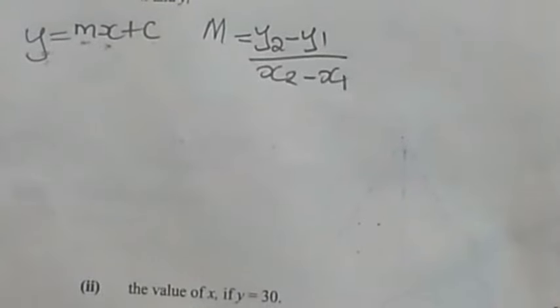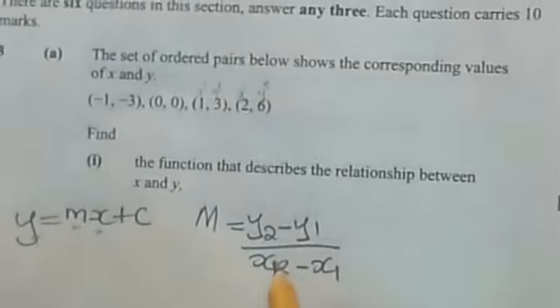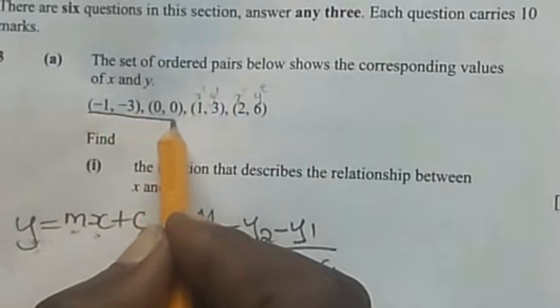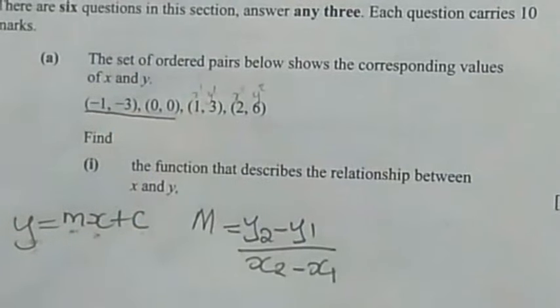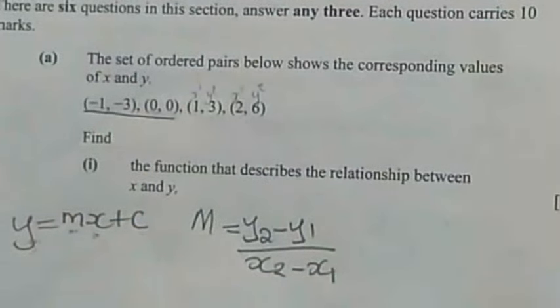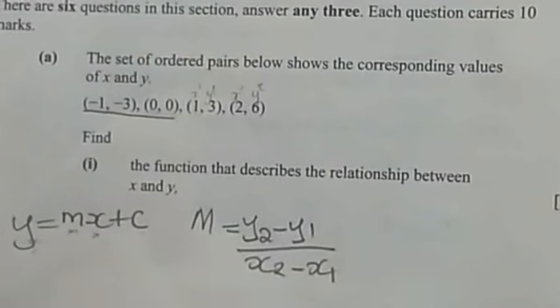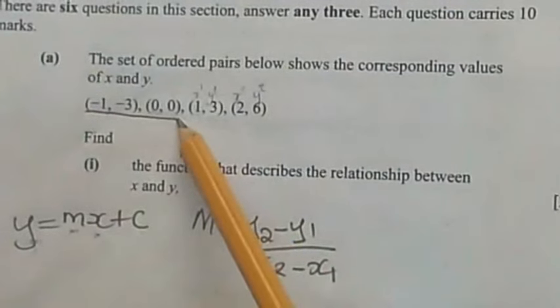Once we have done this, we're going to say what is the value of x and y. If we consider these two coordinates, what is y2? It's 0. So y2 here is 0.